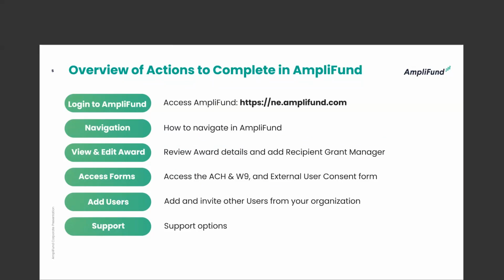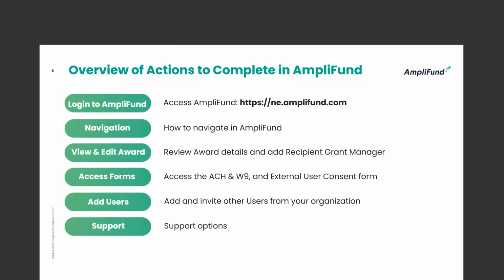If you're a new user, you'll be receiving activation at the beginning of next week, and you'll receive an activation email where you'll be able to establish your password so that you can log in to the system. Amplifund is accessible from anywhere where you have a web browser and an internet connection.